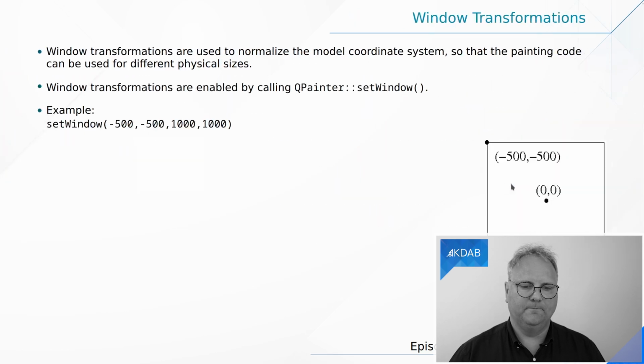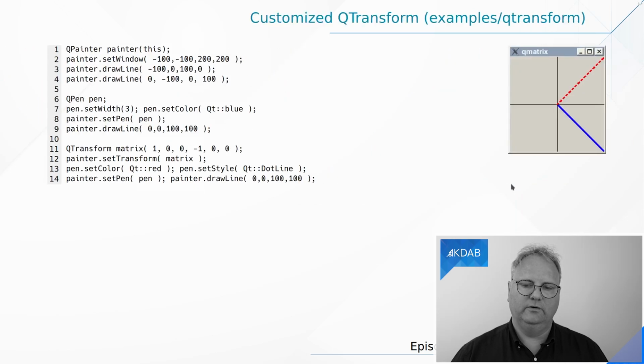And that gives us this transformation down here on this slide by having a +1 and a -1 there. Now my +5 as a y will be -5 and vice versa. And therefore painter setTransform with this transformation. Again, a red color that is dotted, and setting the pen of my painter to be this new pen here, and then painter drawLine just as I did up here, but now it points upwards.